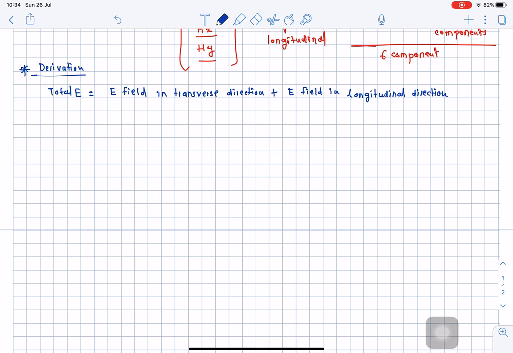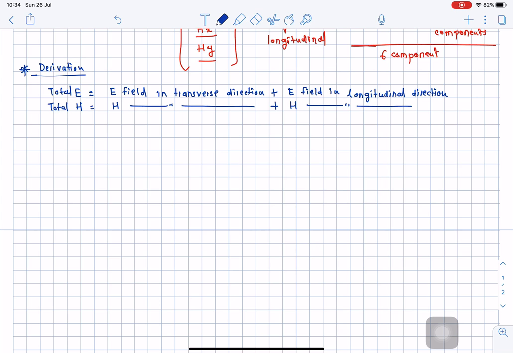Similarly, we can write the total magnetic field: the magnetic field in the transverse direction plus the magnetic field in the longitudinal direction.